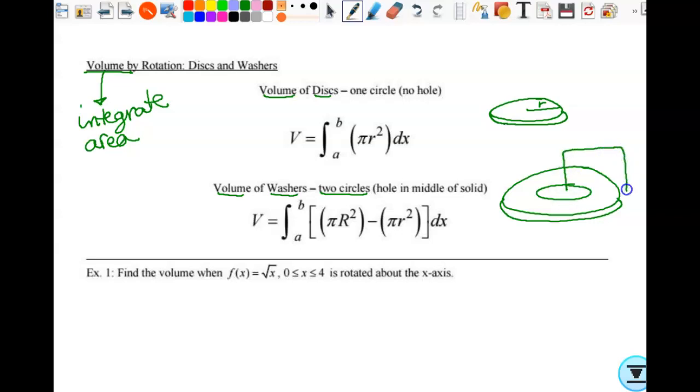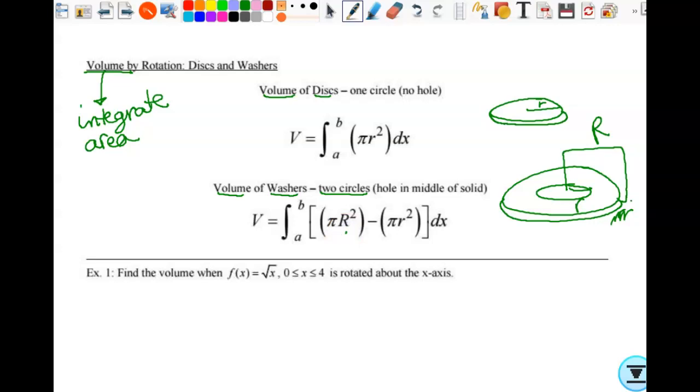So this is your big R, and this is your little r. So the radius of the inside part and the radius of the whole thing. Like a lifesaver, even.